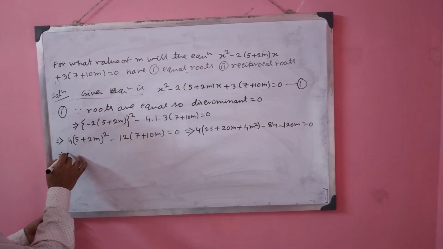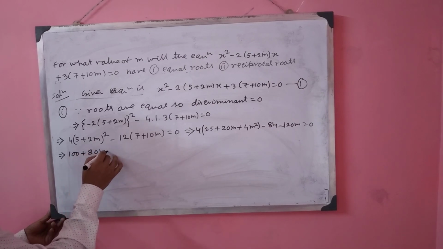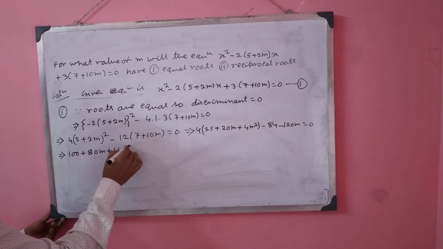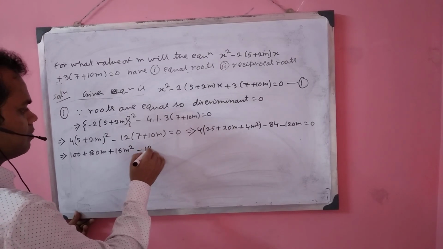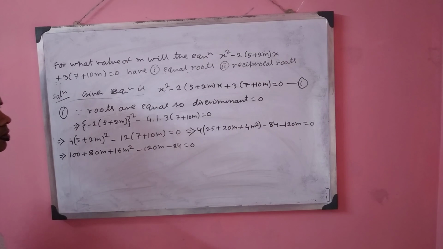So 4 into 25 is 100, plus 80m plus 16m² minus 120m minus 84 equal to 0.